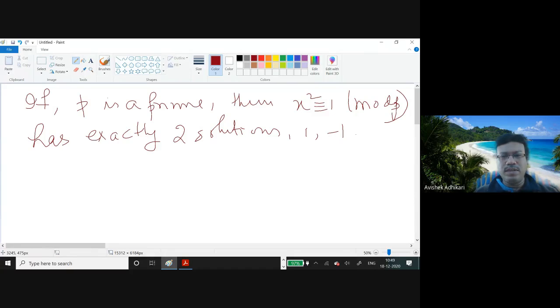So the statement is: P is prime. Since we are using this for primality testing, certainly we will take as an input an odd prime.